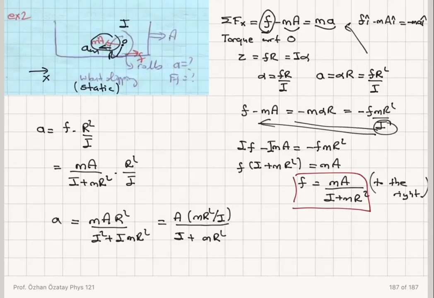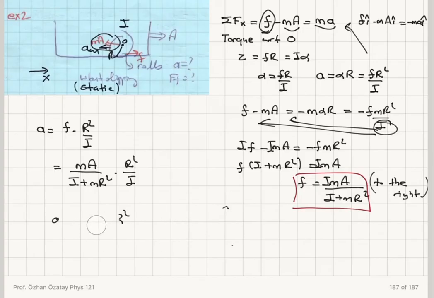So you can see that because of this I at the bottom, when I multiplied it with f and ma, I have made a mistake. It's iF minus ima is equal to minus f mr squared. So this is going to give me an I on this side, and this will give me an I on this side. You can see here I have found out there is a dimensional inconsistency. This cannot be right. So I have found out that I have made a mistake.